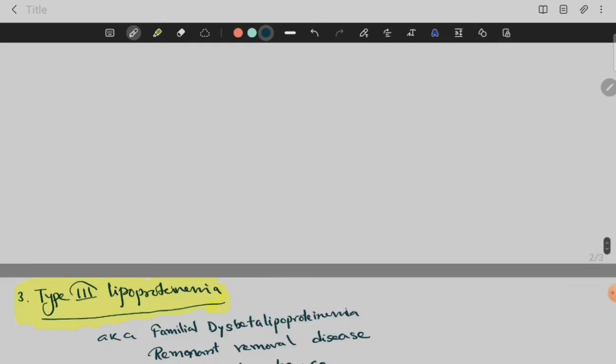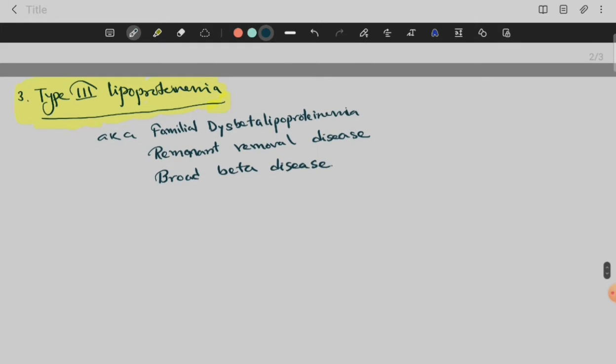Then we will come to type 3 lipoproteinemia. This is an important type 3 lipoproteinemia, and as you can see there is a 3, so 3 means another E, and then ApoE defect. This is all about ApoE defect.